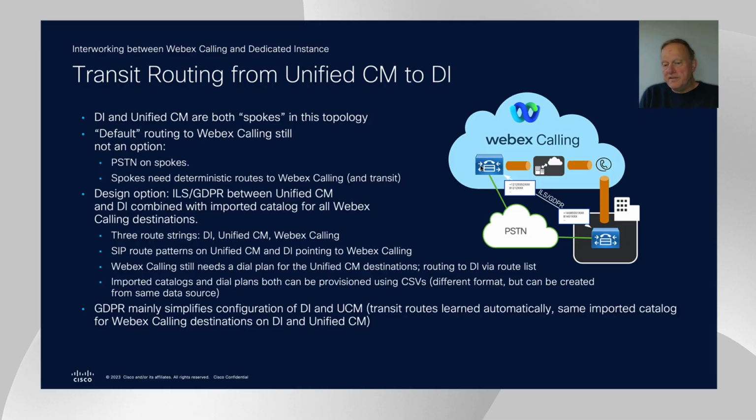I think in topologies like this, using GDPR and specifically using an imported catalog for the multi-tenant destination simplifies the configuration of these communications managers involved, because without an imported catalog, you would basically have to do the same configuration for all the patterns living on multi-tenant, both on Webex calling dedicated instance and on your on-premises communications manager.